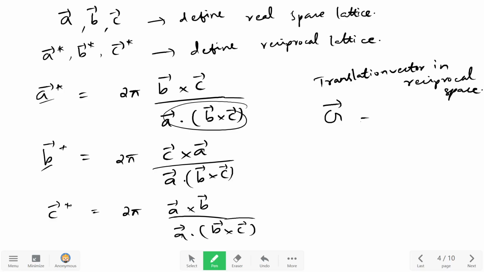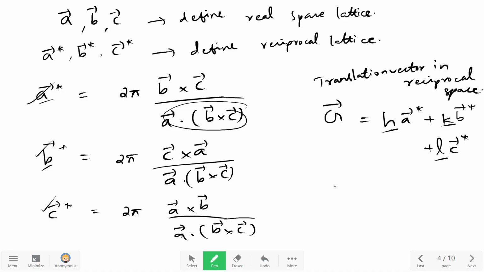And this is defined as G is equal to h a star plus k b star plus l c star. Now a star, b star, c star, their definitions are here. What are h, k and l? They are Miller indices. So let us discuss it a little bit.